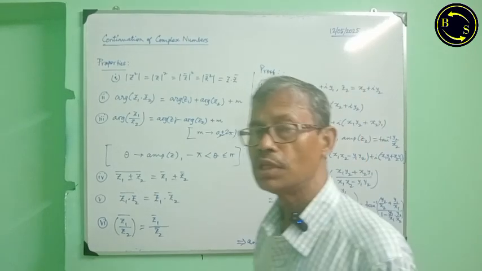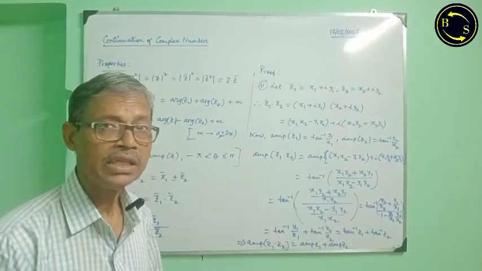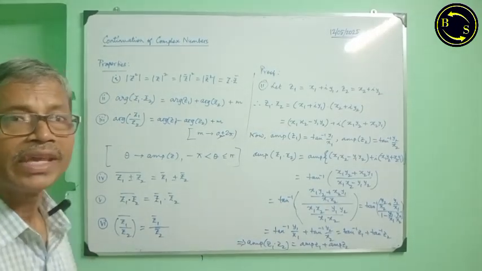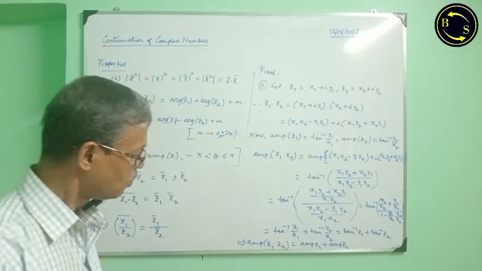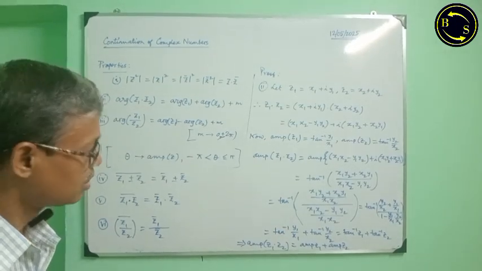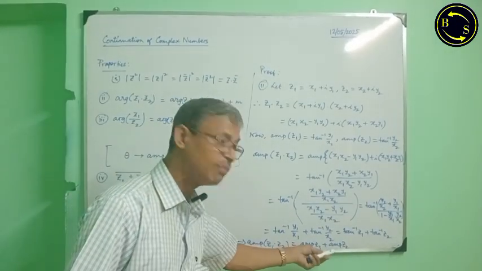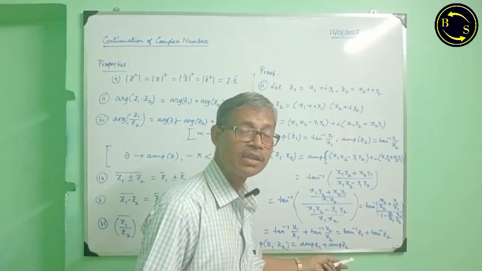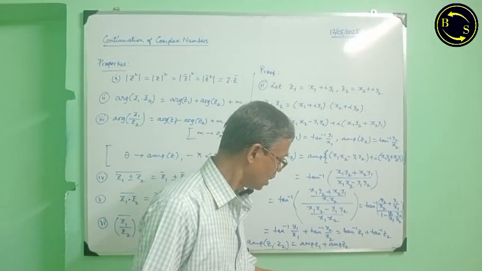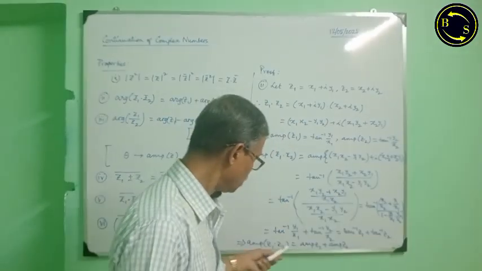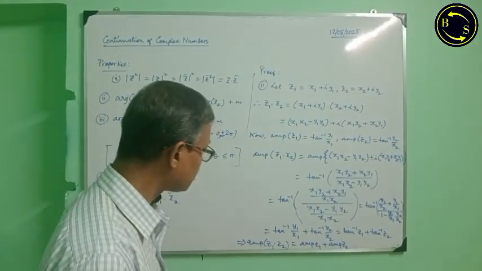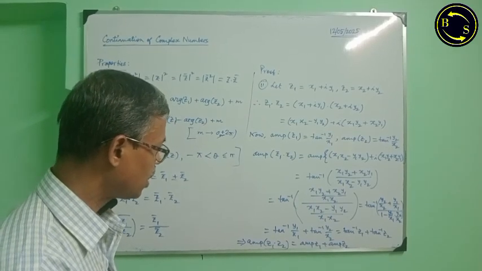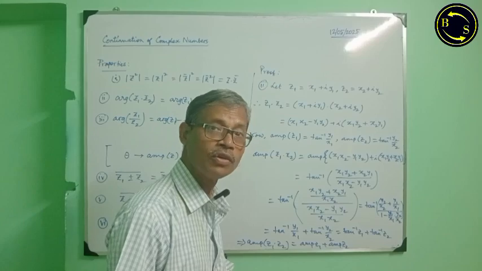the amplitude will fall in any of the four quadrants. If it falls above the y-axis, then in some cases we have to adjust some of these amplitudes, which may be greater than pi, or sometimes less than minus pi.